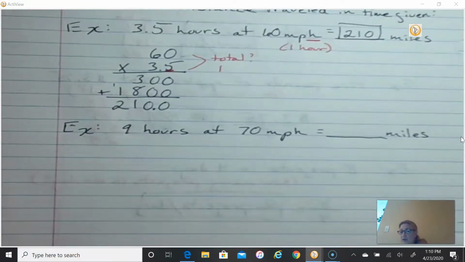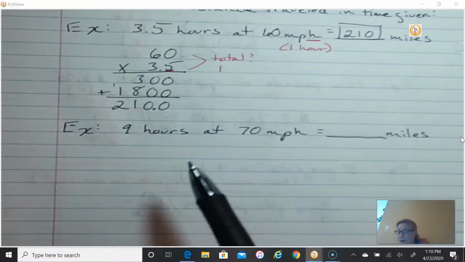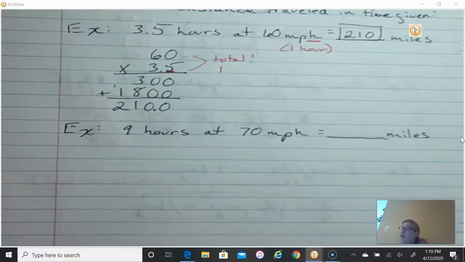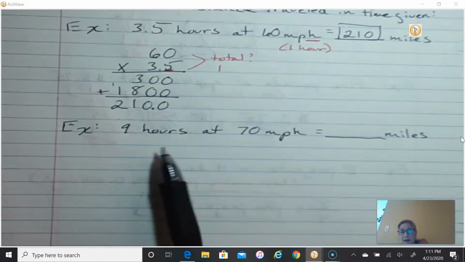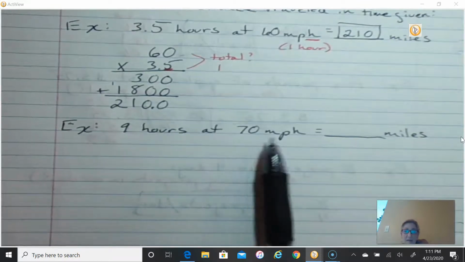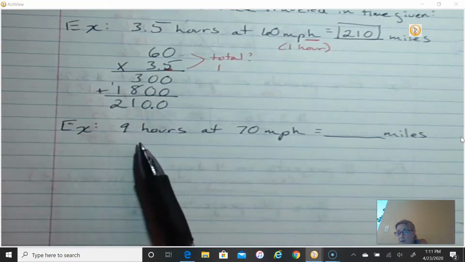And just so you know, Jeeps don't do well at 70 miles per hour. El Jefe does okay, but Jeeps do not do well at 70. But let's say I wanted to go on a road trip. I want to travel. And it's going to take me about 9 hours. So if I drive on the highway 70 miles per hour, how many miles will I cover after 9 hours?